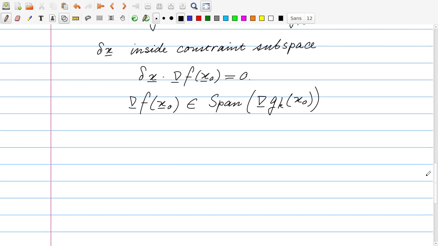That can then be formulated as the condition that gradient f at x0 is a linear combination over all the k's, lambda k, gradient g_k. And so the problem that we just described of the landscape, where we have only one constraint defining the path, is now generalized in terms of this equation.